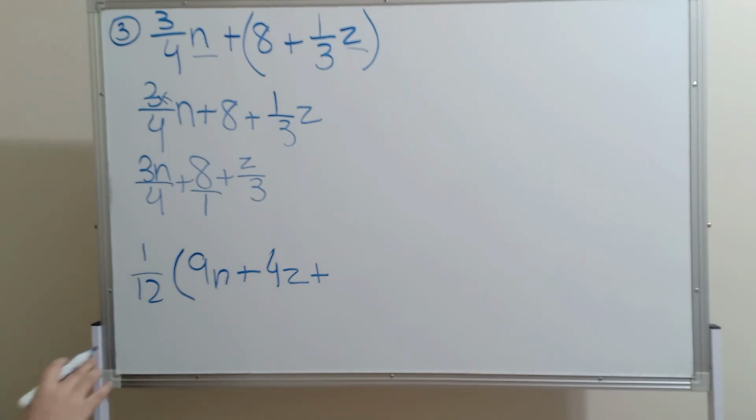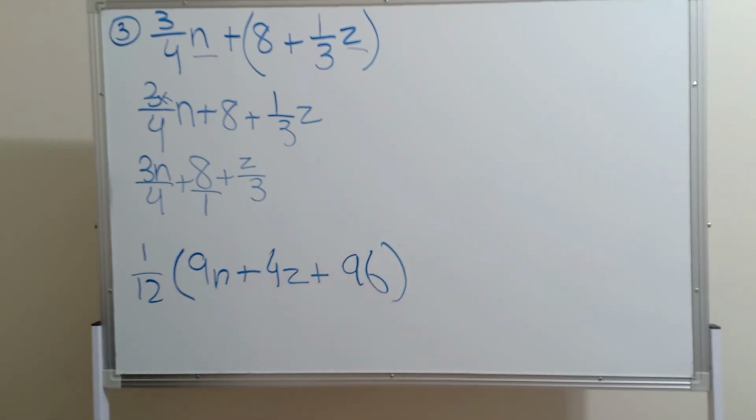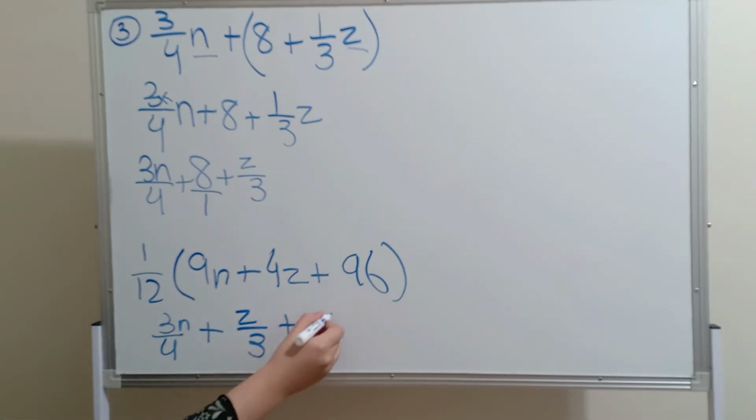So we will get, if we multiply 12 times 8, we will get 96. So that can be our equivalent expression too, because if you multiply 1/12 by 9n, you will get 3n divided by 4, plus 4z divided by 12, we will get z divided by 3, plus if you divide 96 by 12, we will get 8.